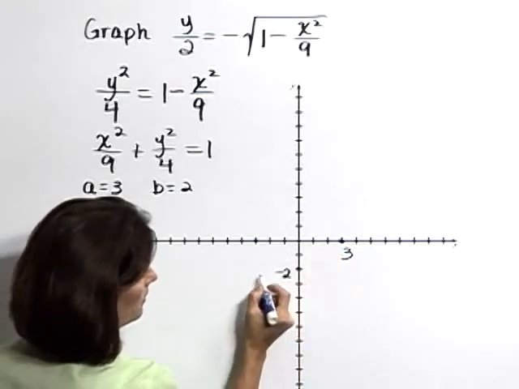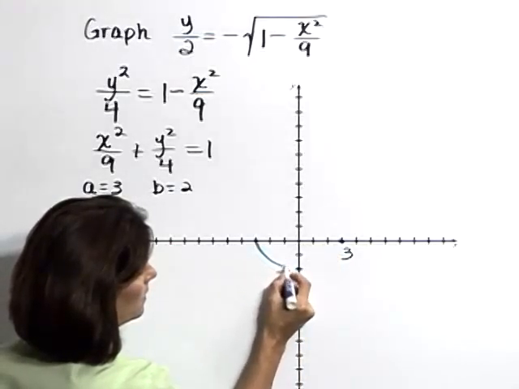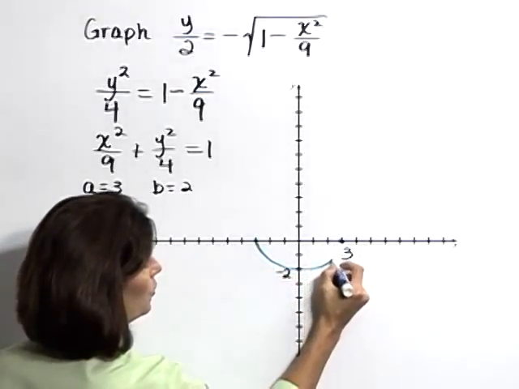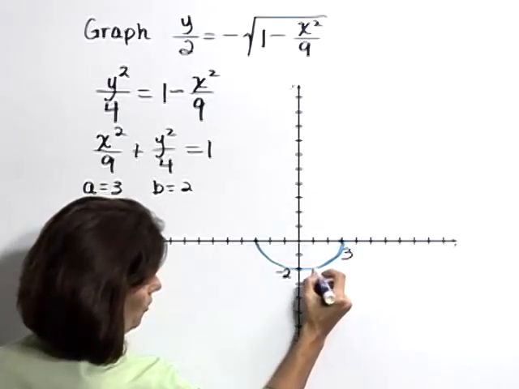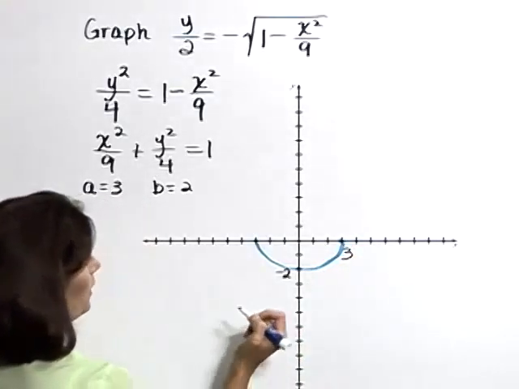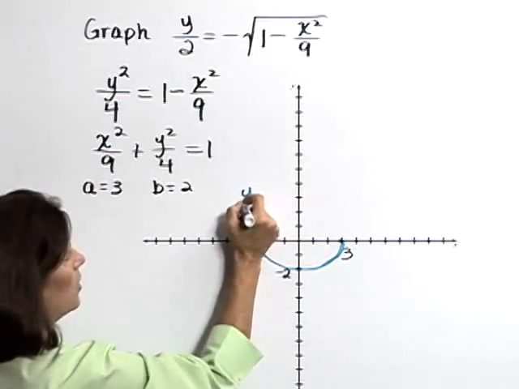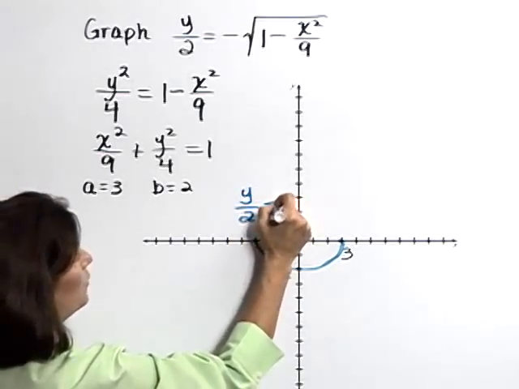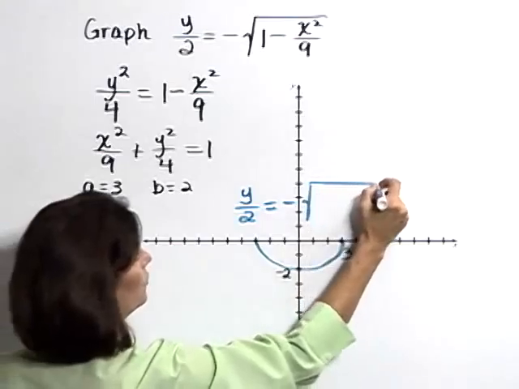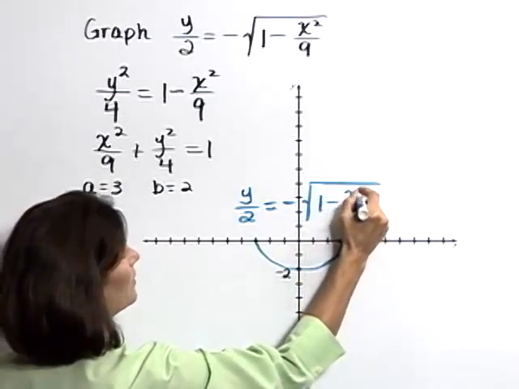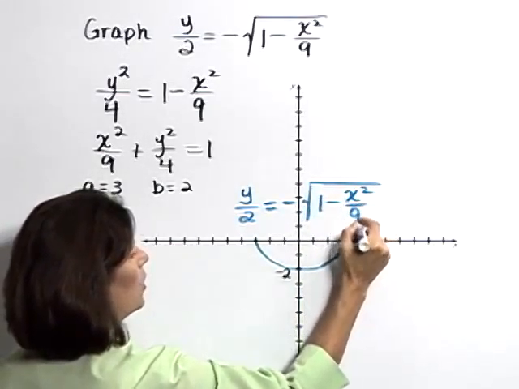Now let's sketch the bottom portion of it with a nice smooth curve. Okay? Here we see the graph of y over 2 is equal to a negative square root of 1 minus x squared over 9.